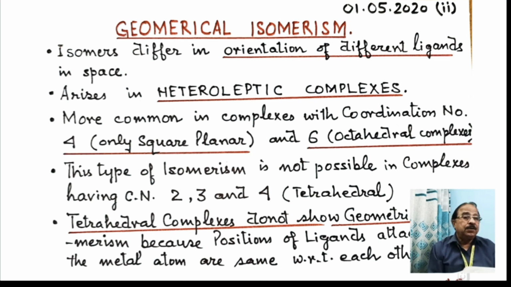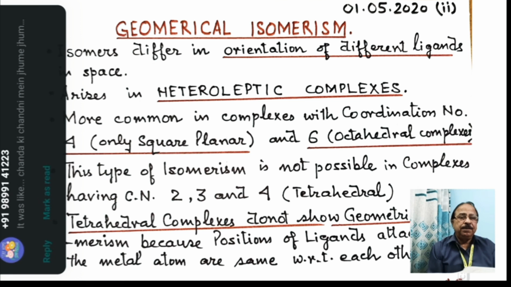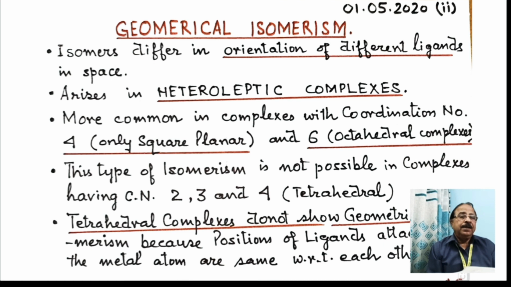It is a very important question which comes in the board exam: why do tetrahedral complexes not show geometrical isomerism? The reason is that the positions of the various ligands with respect to each other always remain the same. So tetrahedral complexes do not show geometrical isomerism.